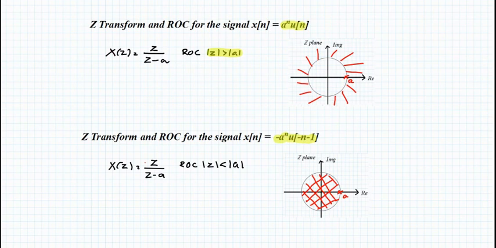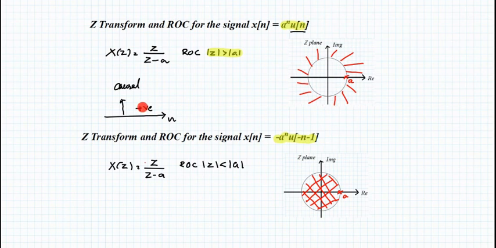In another way you can say that in this question, a raised to n into u of n, this u of n is actually a causal signal. This is a main point you should remember: the signal in the time domain exists only in the positive side, because of the u of n.